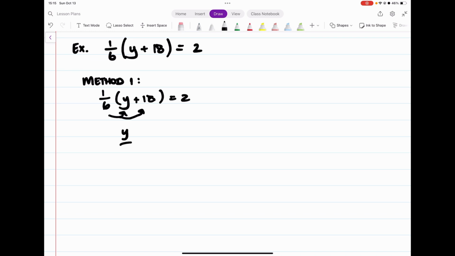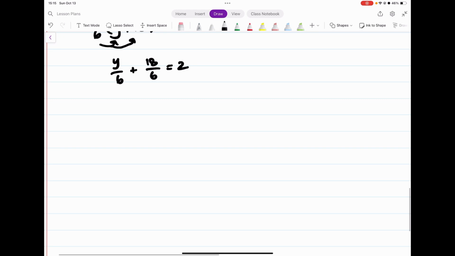So I'm left with y over 6 plus 18 over 6 equals 2. There's a little bit of cleaning up here. I could change 18 over 6 to 3, so y over 6 plus 3 equals 2. Now I should be able to solve this.